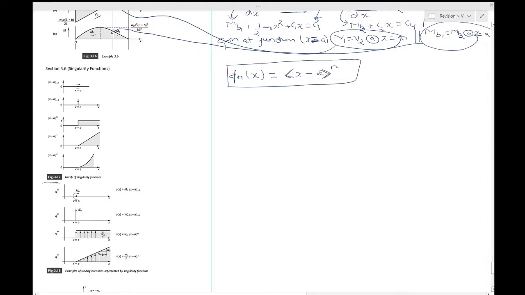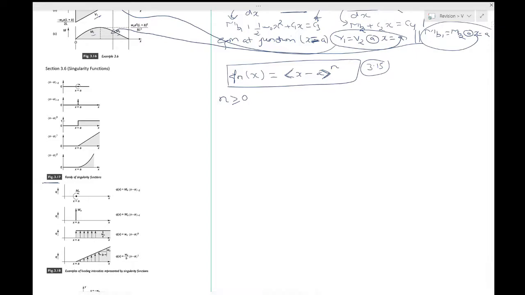You cannot use any other kind of bracket over here because this denotes what a singularity function is. Now, when n is greater than or equal to 0, this is equation 3.15. When n is greater than or equal to 0, 3.15 has the following significance.